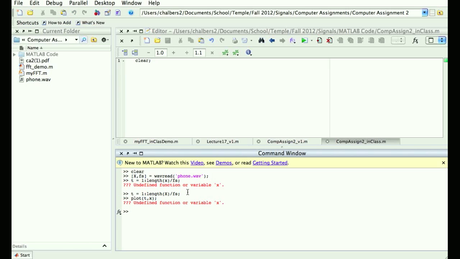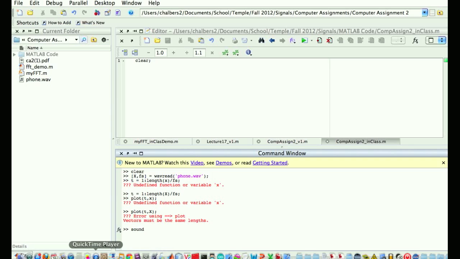Okay, so hold on. Let's see if this is going to work. So sound scale X comma fs. All right, so let's see.